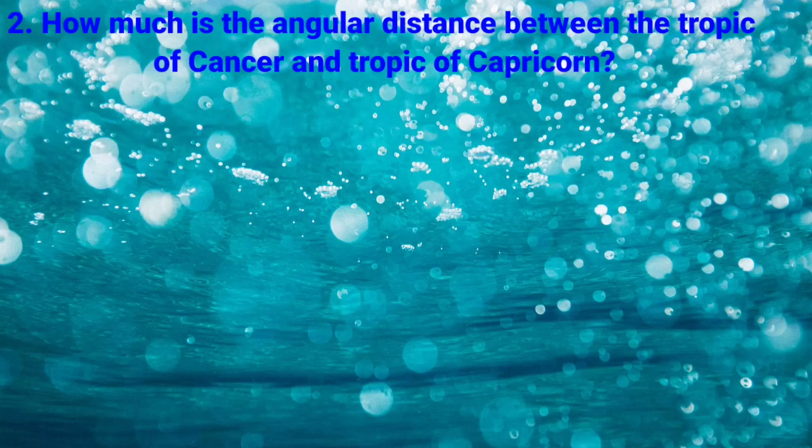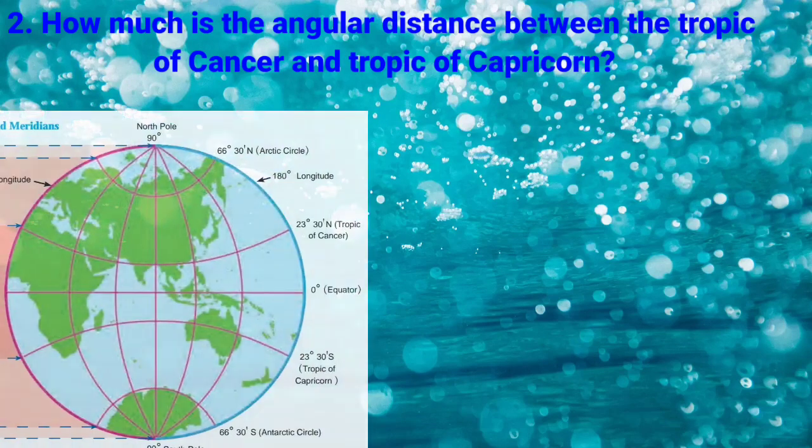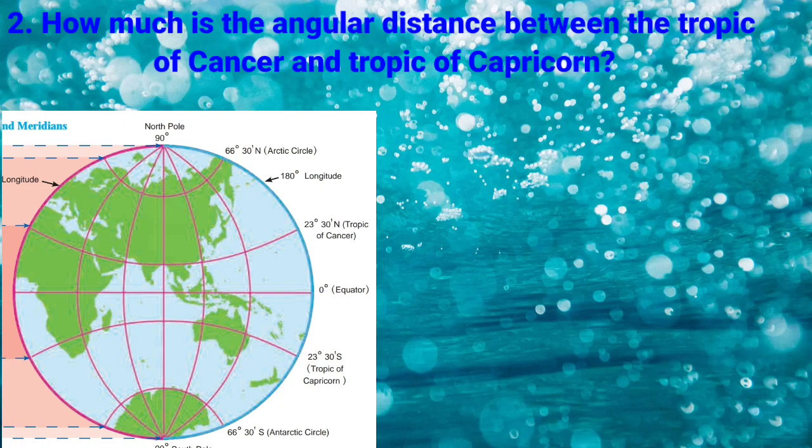Question 2. How much is the angular distance between the Tropic of Cancer and Tropic of Capricorn? You can see in the figure, the latitudinal location of the Tropic of Capricorn is 23 degree 30 minutes south, and the latitudinal location of the Tropic of Cancer is 23 degree 30 minutes north. To find the angular distance between the two, we need to add up their distances from the equator.